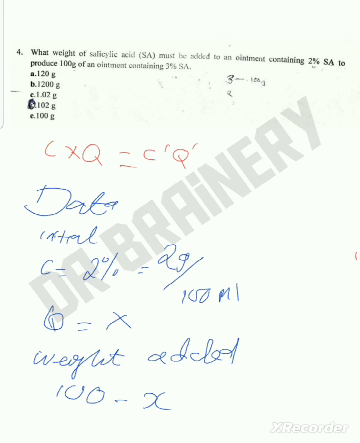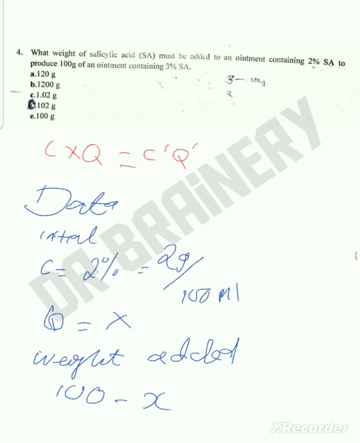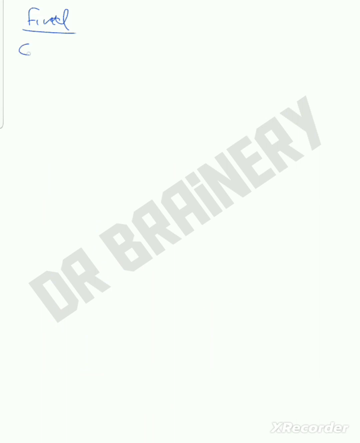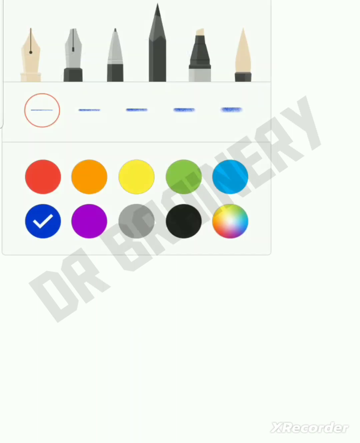So now, final. Here, final, our concentration or percentage strength we have is 3%, which is the same as 3 grams in 100 ml solution. Then the amount is 100 grams. So let me apply the formula and come up with the answer.